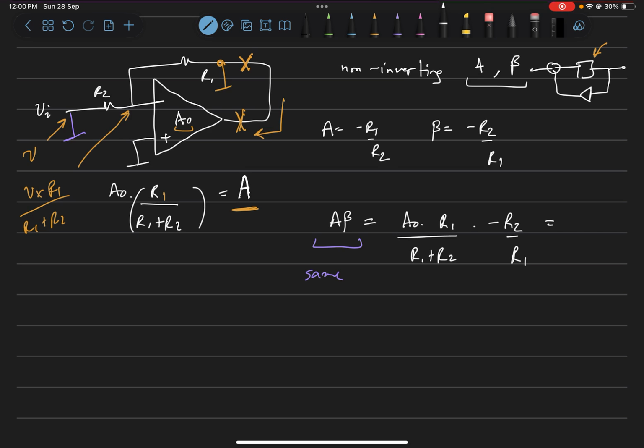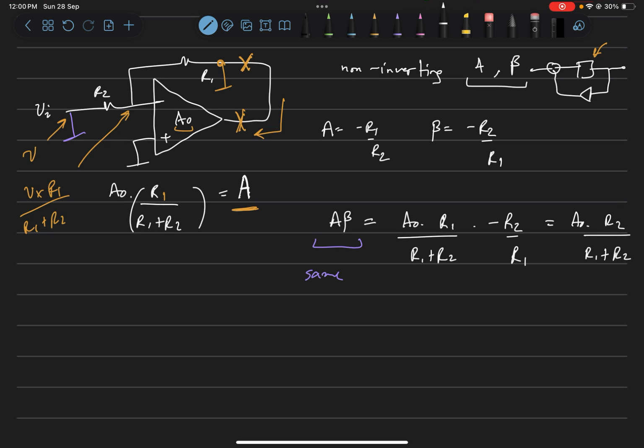So if you calculate the loop gain, it will come out to be A0 times R2 over R1 plus R2. This will be the value of A beta.